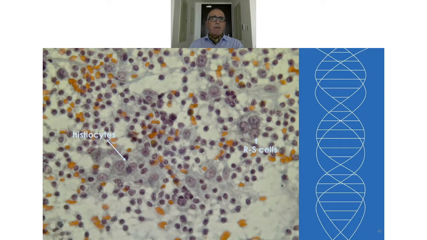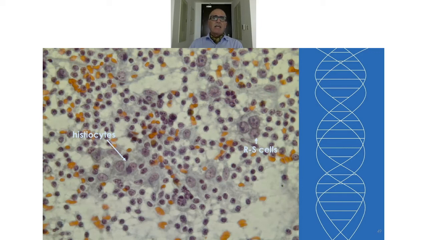This is another example, just to show you what you can do from a good smear. This was a submental node in a young adult who had a bone marrow transplant, so he was possibly immunosuppressed for a previous lymphoproliferative disease.